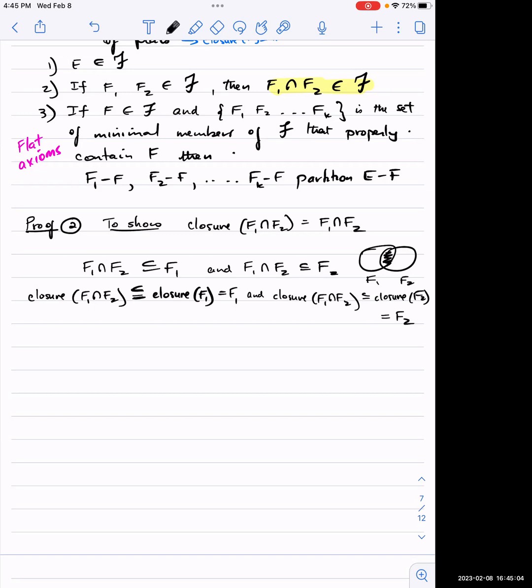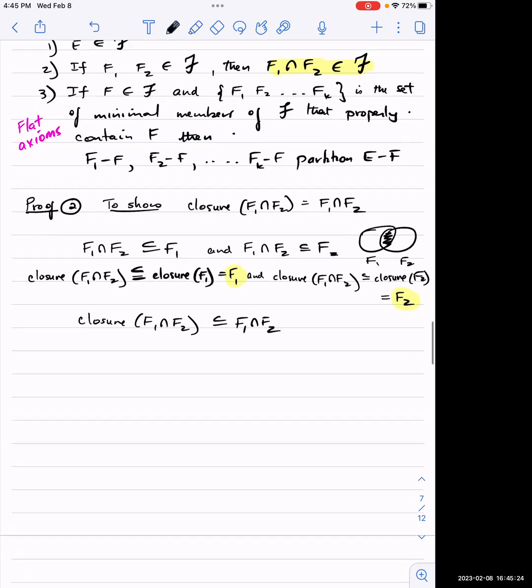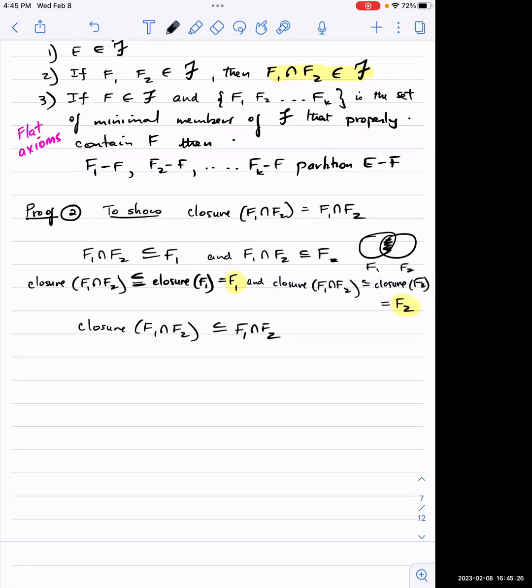So therefore, closure of the intersection is contained in F1 as well as F2 and therefore in the intersection. Good. So if you take two closed sets and look at the intersection, it's got to be a closed set. And then think lattice, as in you have the join up and the meet. So the meet is the intersections.